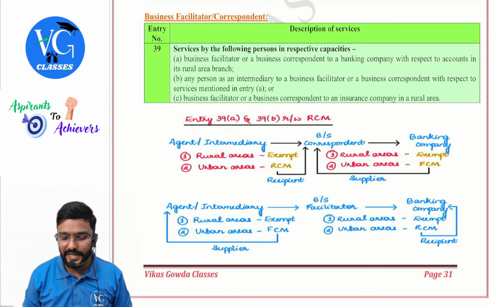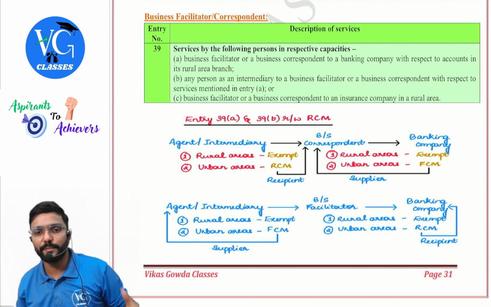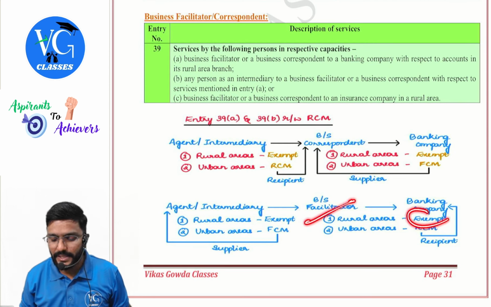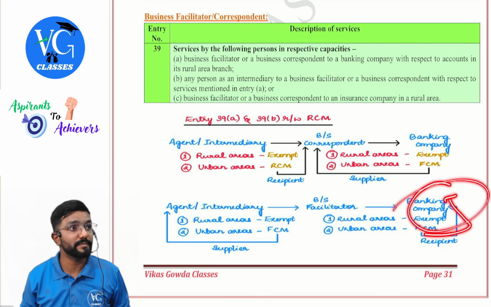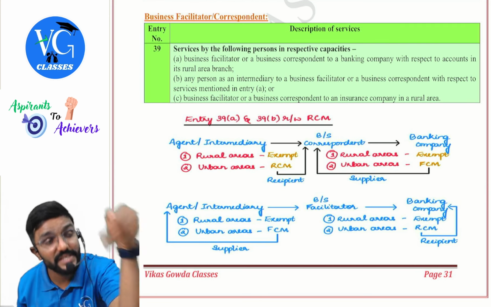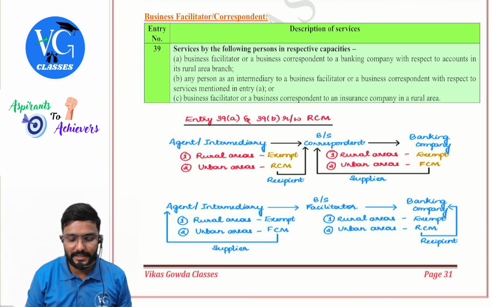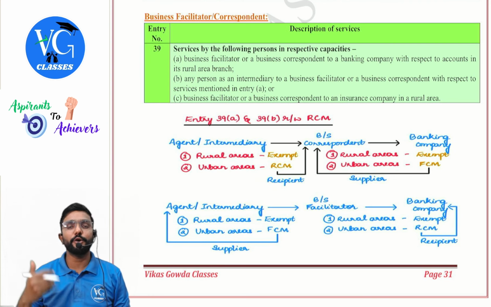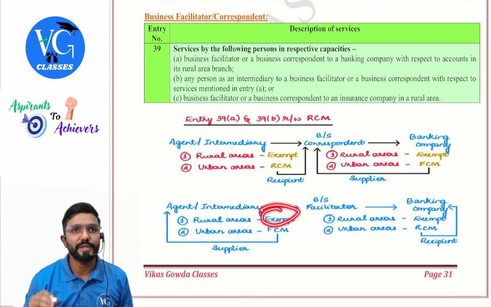Okay. Next, this was for correspondent. What about business facilitator? First transaction, let me take this. Business facilitator to banking company. If it is with respect to rural area, exempt. If it is with respect to urban area, covered in RCM. Who should pay tax? Business facilitator has to pay tax. Next, second transaction. Agent or intermediary to business facilitator. If it is with respect to rural area branch, exempt.